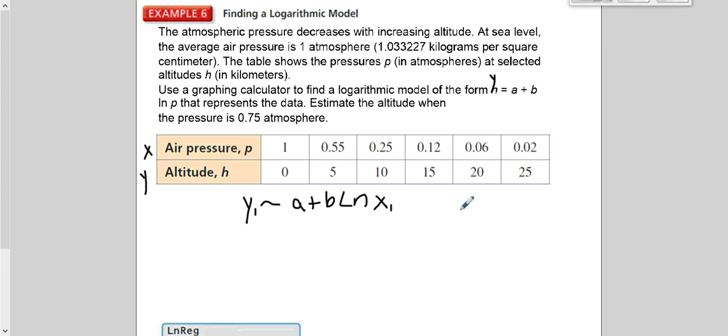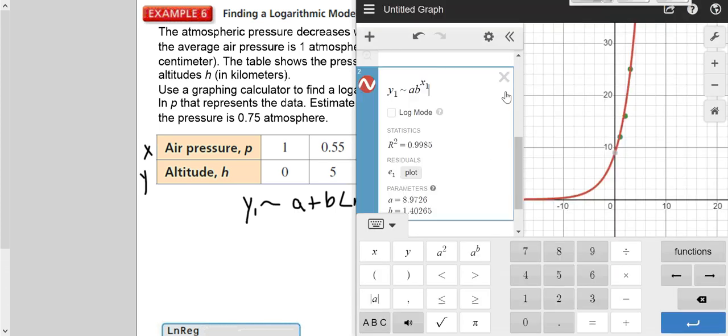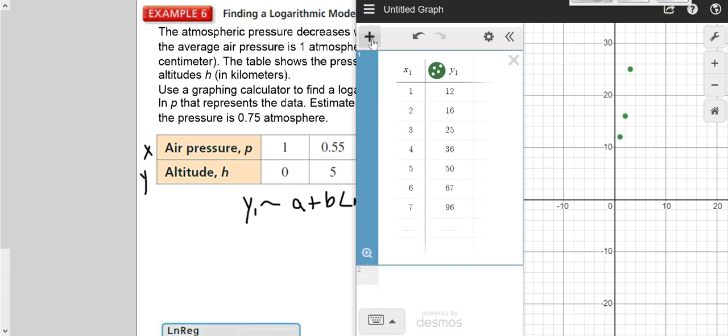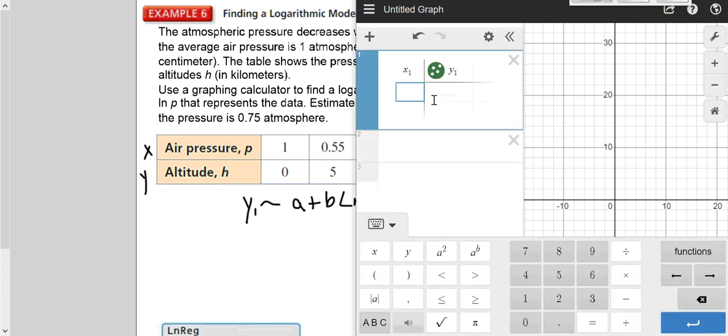So go to Desmos, add your table. Clear the old table first, then add your table.